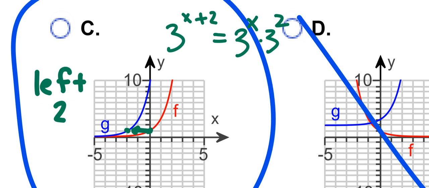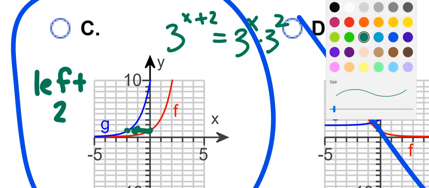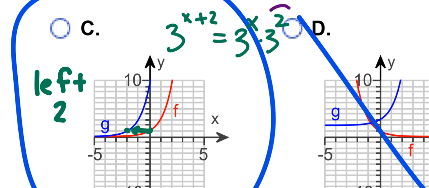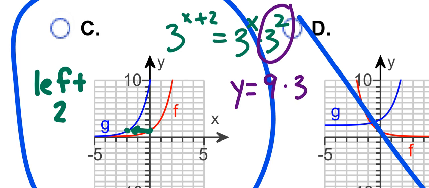So, my question to you is, what is 3 squared? That's 9. So another way to write this would have been 9 times 3 to the x. Now, what is so special about the number 9 according to the graph? That would be your y-intercept, right?